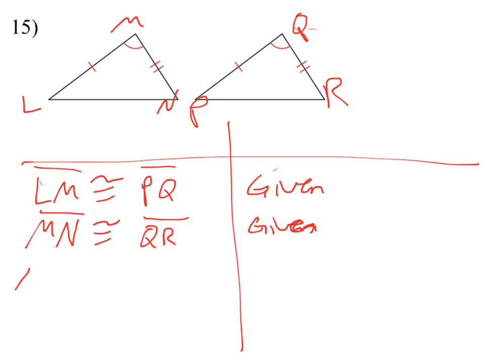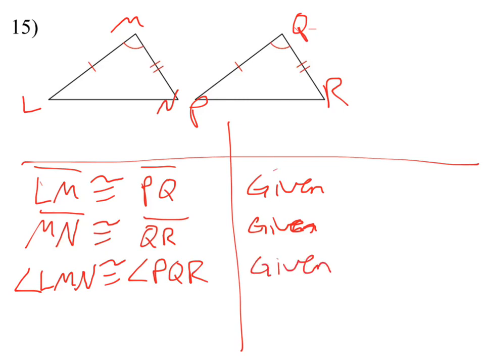And then the angle between them, this middle angle for both of those, which I'm going to say LMN, PQR, those match up. Angle LMN is congruent to angle PQR. That's also a given.